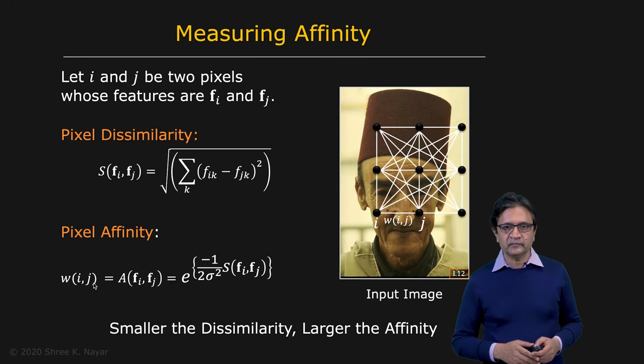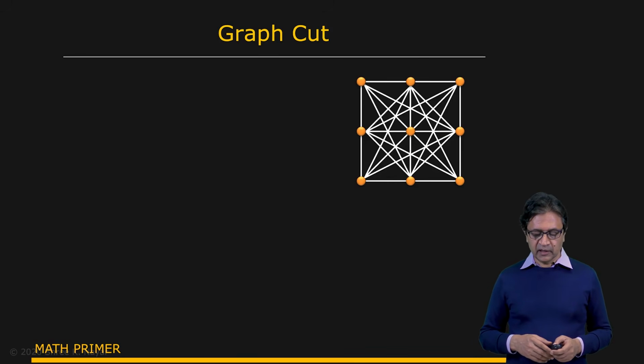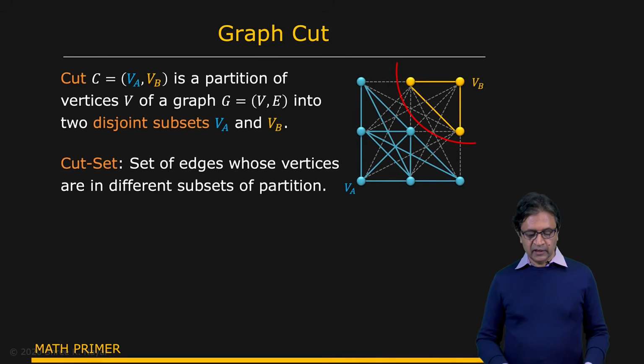Okay, so now let's define what we mean by a cut. Here's a graph, and a cut C is a partition of the vertices V of a graph G into two disjoint subsets VA and VB.